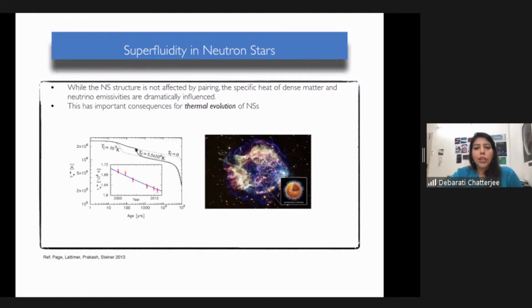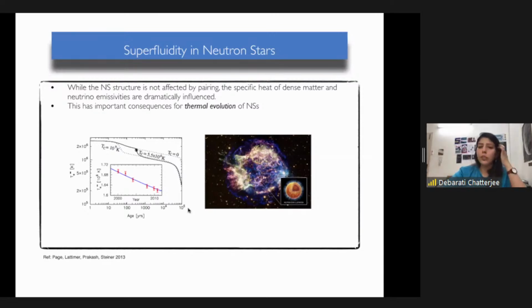So another recent finding that confirmed that superfluidity can exist is the observation of cooling in the Cassiopeia A nebula. There is a pulsar in the Cassiopeia A nebula, and it showed a very strange kind of cooling behavior. You see here in this plot the temperature as a function of time.